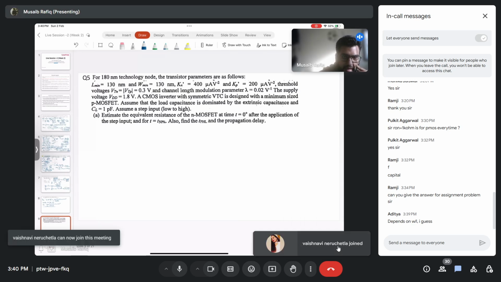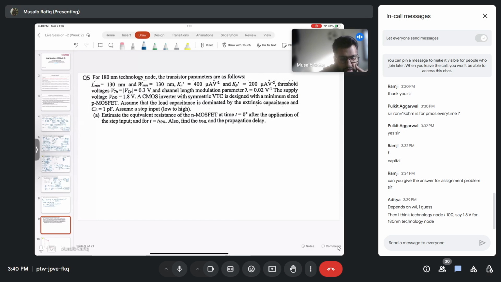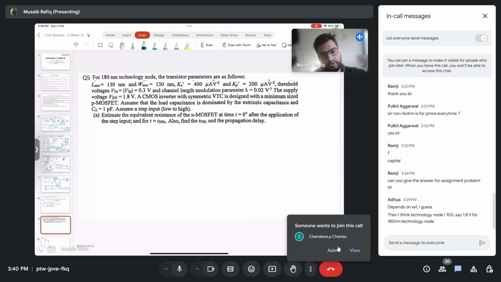The answer is in Rabaey. I think in 180 nanometer technology it is 1.8 volt, and if you take 14 nanometer technology it is 0.8, and in 7 I think it's 0.7 volt. But it still has a limit. You can't go on forever.